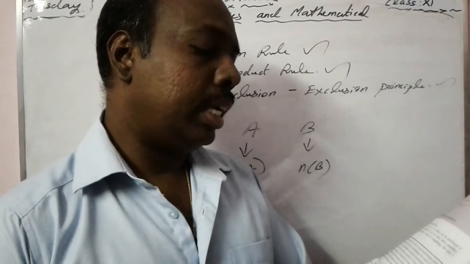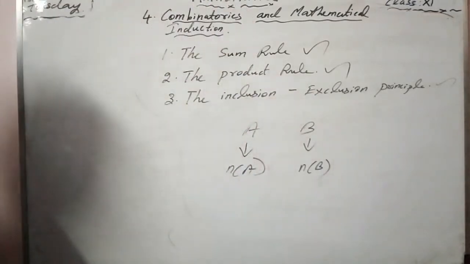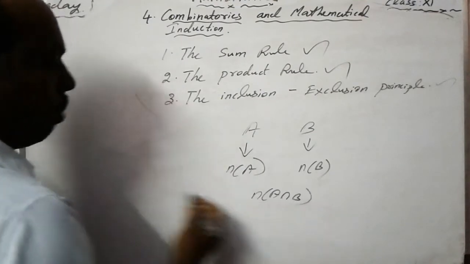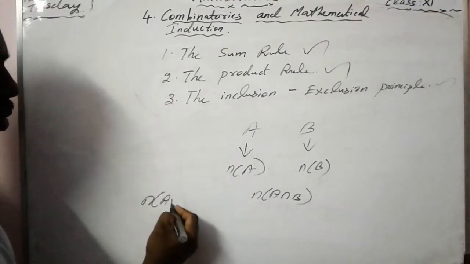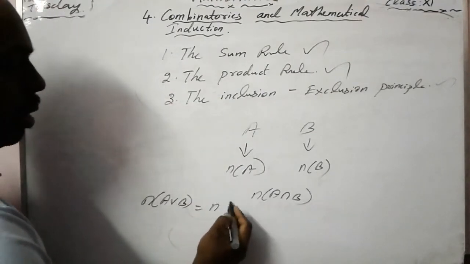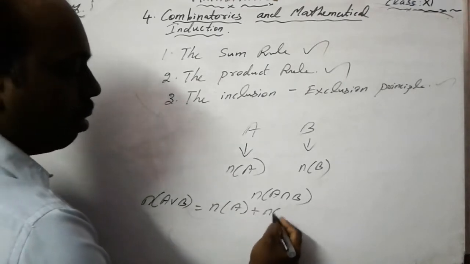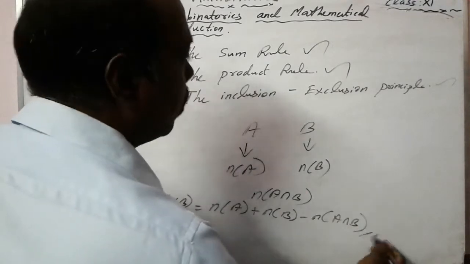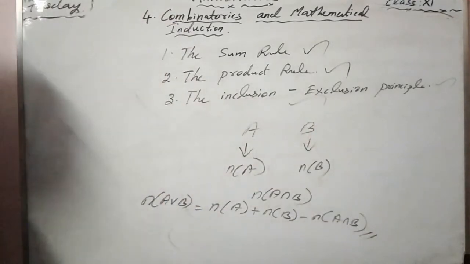Using set theory notation, both tasks means n of A intersection B. So this can be written as n of A union B equals n of A plus n of B minus n of A intersection B. This we call the inclusion and exclusion principle.